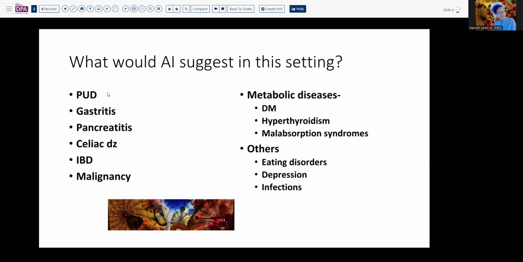Well, not unexpectedly, it includes a variety of enteric disorders ranging from ulcer disease, inflammation, pancreatitis, inflammatory bowel disease, malignancy, as well as a number of metabolic disorders, including diabetes, hyperthyroidism, and malabsorption syndromes, and obviously psychiatric disorders like anorexia and depression, and not to be overlooked are possible infectious causes as well.